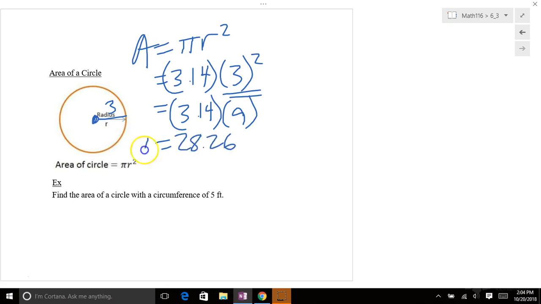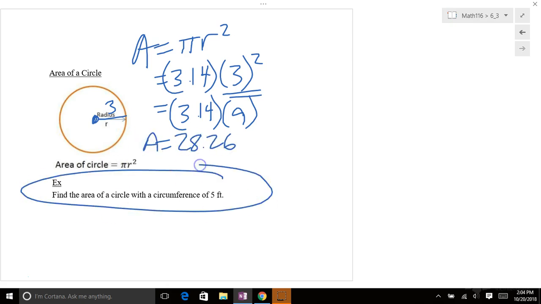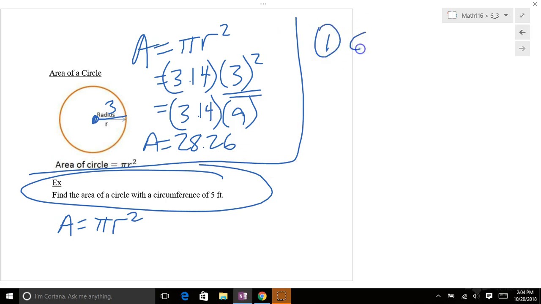Now this example is a little different because it says find the area of a circle with a circumference of 5. Well, for the area you need the radius. So the first thing you have to do here, number one, is use the circumference. Remember, circumference is 2 times pi times r. Use the fact that the circumference is 5 feet to find the radius.